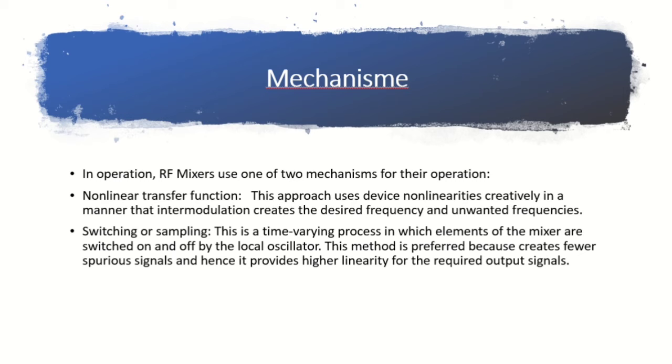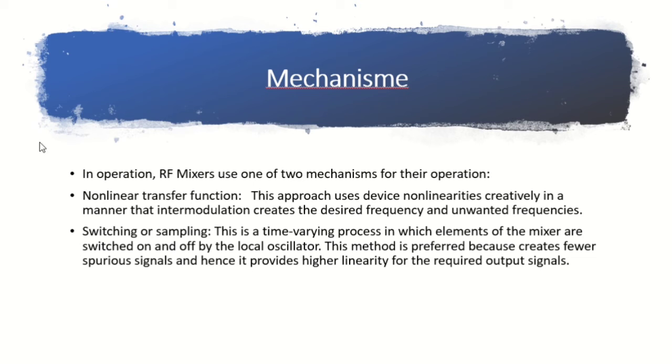This approach uses device non-linearity creatively, in a manner that intermodulation creates the desired frequency and unwanted frequencies. So the non-linear transfer function is not widely used, because it uses device non-linearity and causes undesired and unwanted frequencies to be produced. So actually we don't want that, because it causes frequency self-mixing, interference and so on.